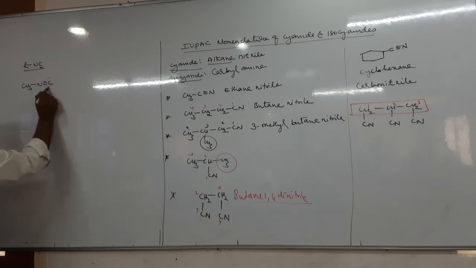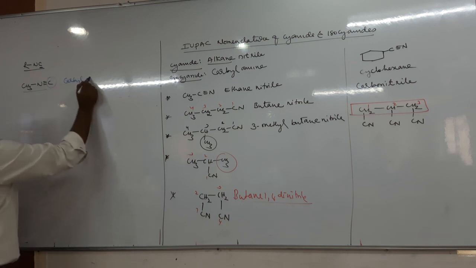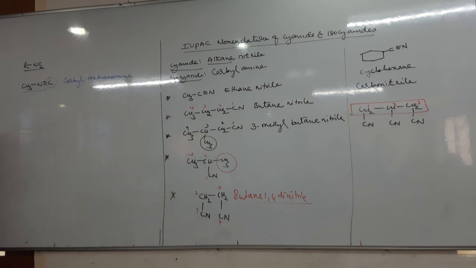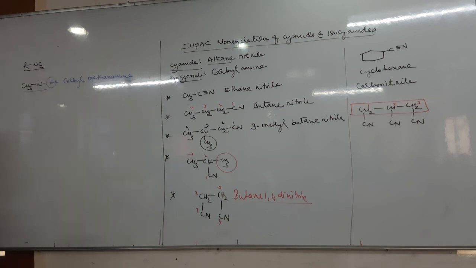This carbon is a carbyl, and which amine? Methanamine. Methanamine, ethanamine, that is common. Like we have written N alkyl amine, no? N alkyl amine. If there is a secondary amine, instead of this C, if methyl is there, what have we written? N methyl methanamine, no, the same name. So instead of methyl, here carbon is there, that's what it is, a carbyl methanamine.